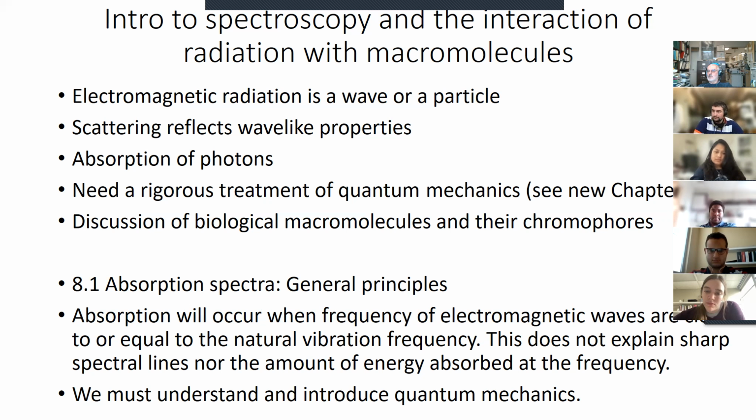They're usually called chromophores because they often have color, or they often interact with light in a very particular way because their electronic chemical structure causes them to interact with light and give a characteristic absorption spectra, for example, or a characteristic infrared spectra. Okay, so they're the ligands that bind to macromolecules.